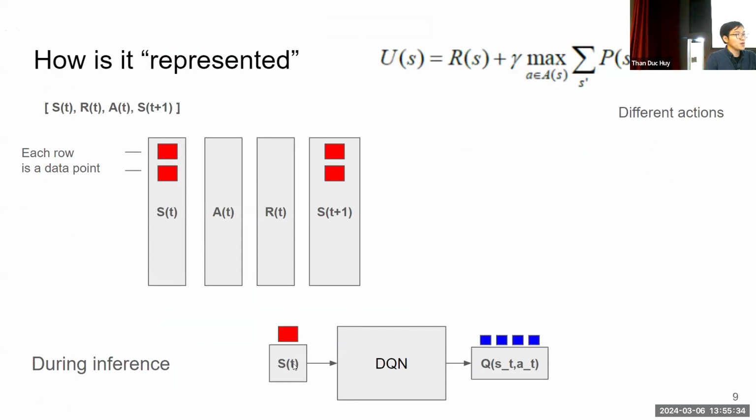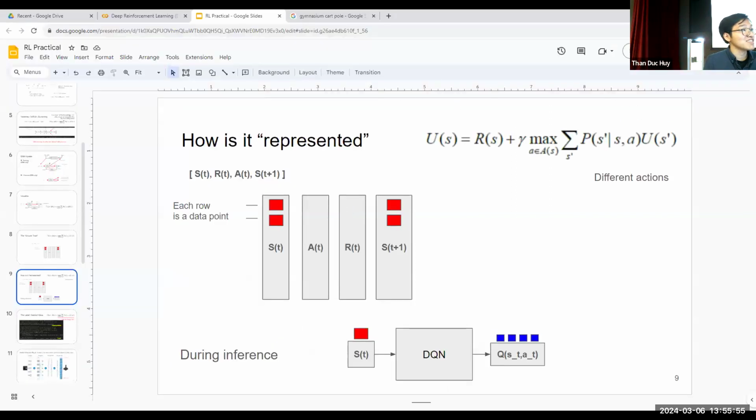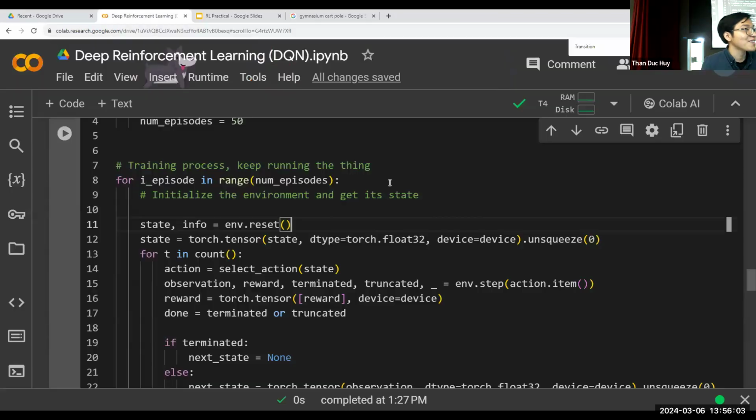But now we only have 1 data point, so we have 4 columns, but we have to explicitly say that I have 1 row. You can read up on how unsqueeze works, but the idea is to explicitly tell the machine learning model that I have a batch, and that batch number is 1.